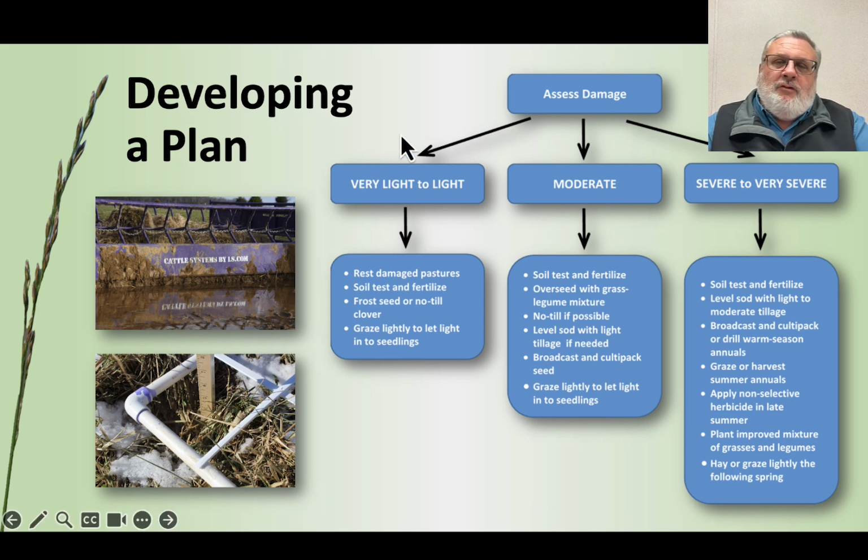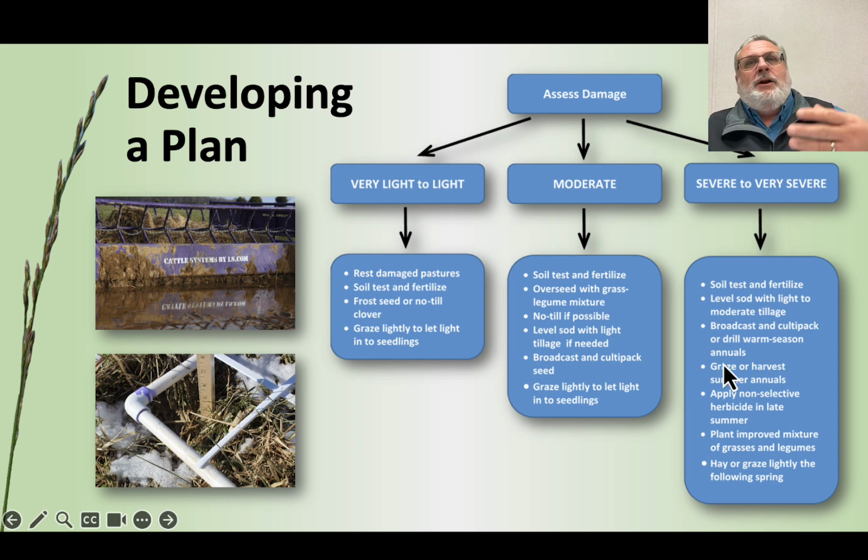I made this flow chart up a couple years ago, and what it does is it assesses damage. We assess damage first, like we talked about previously, and then we put it in one of these categories of light, moderate, or severe. Then we follow that flow chart down for each category, and we give tips on what we can do to renovate pastures when we fall within one of these three categories.